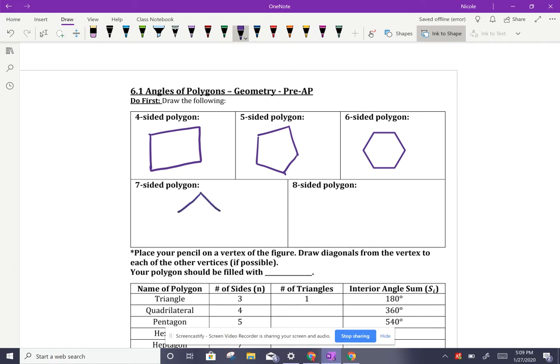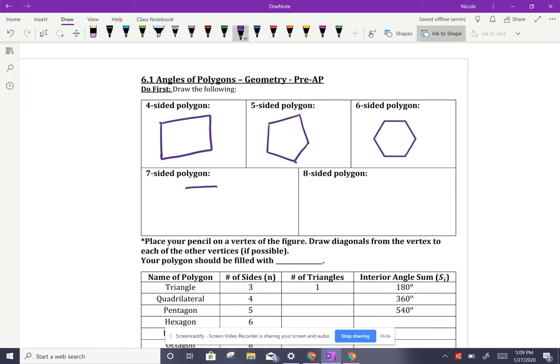So we've got 1, 2, 3, 4, 5. That's not going to work. I don't like drawing seven-sided polygons. 1, 2, 3, 4, 5, 6, 7. There we go. That's not really pretty either. Let's try that again.